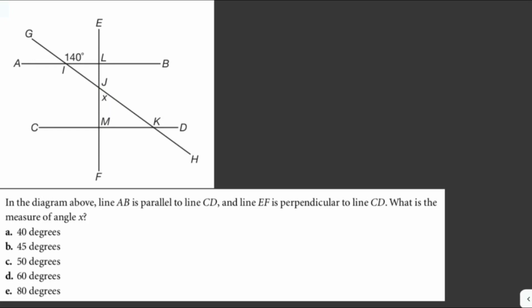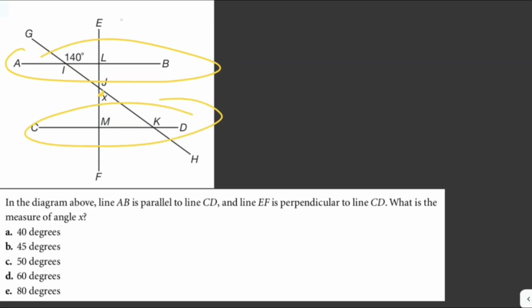In the diagram above, line AB is parallel to line CD, and line EF is perpendicular to line CD. What is the measure of angle X here? So we're given that line AB is parallel to line CD, and line EF is perpendicular to line CD.